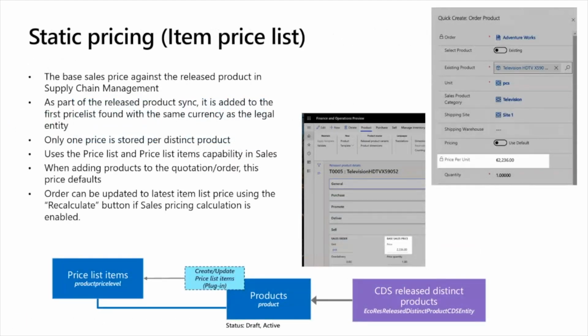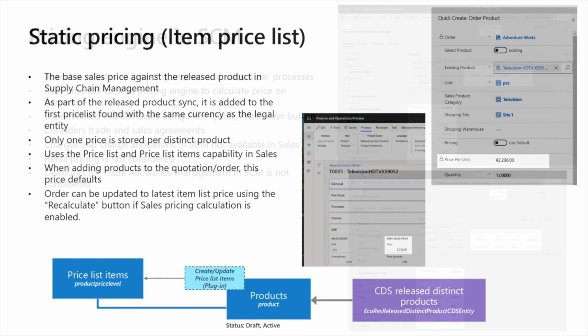So with the item price list, I've gone through most of these. As I mentioned, it's defaulted on the order, sorry, the order and the quote when you create the product or the line, and that can be set in supply chain management as well against the release product.